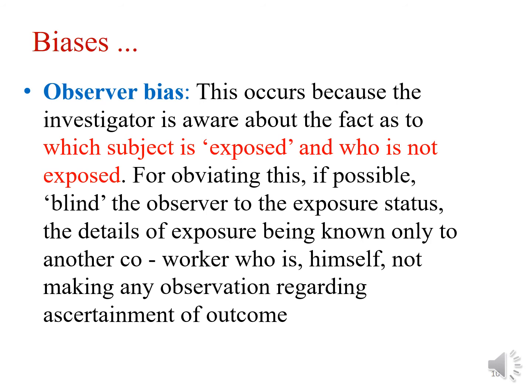By opting blinding, we can prevent observer bias. Blind the observer about the exposure status of subjects, keep the observer unaware about the exposure status of subjects, the details of exposure being only known to another co-worker who is not involved in making any observation or information collection regarding ascertainment of outcomes.